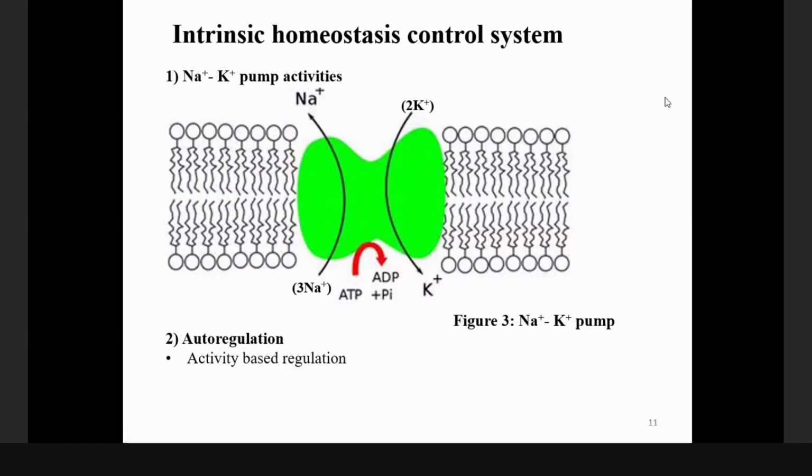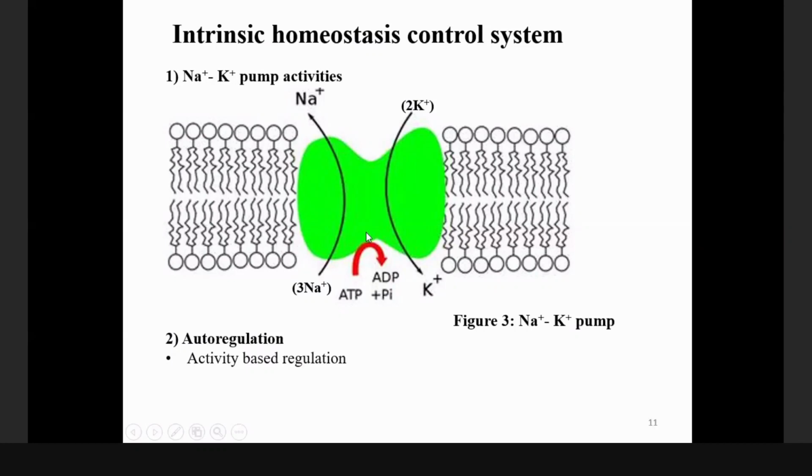Intrinsic means inside. So there is a process at the cell level, or inside our cell, that tries to maintain the constancy of the cell environment. Look at this figure 3. Look at this protein, the green color protein found in the cell membrane.